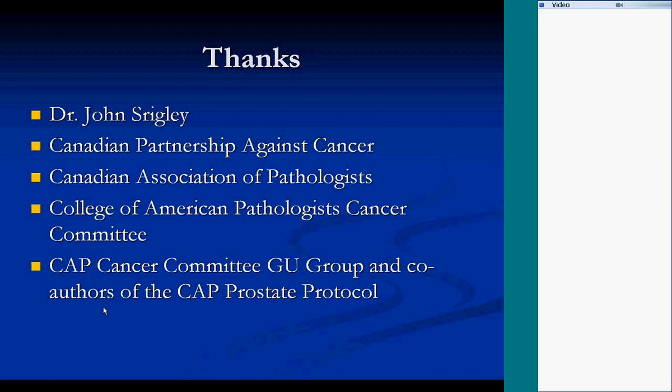Certainly that is an issue, and it's going to come up in the Ontario project as well when we start to implement the checklist for prostate cancer biopsies, positive biopsies.